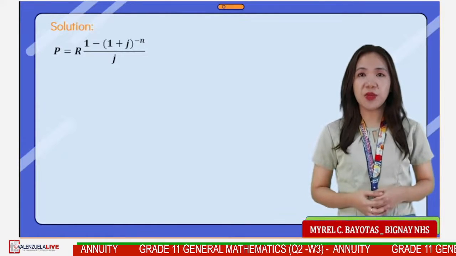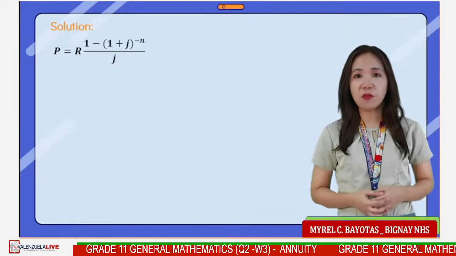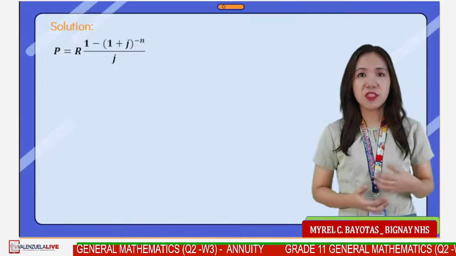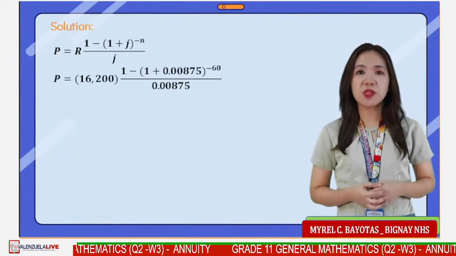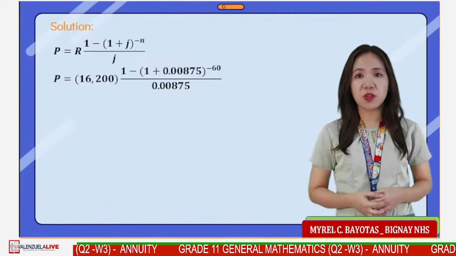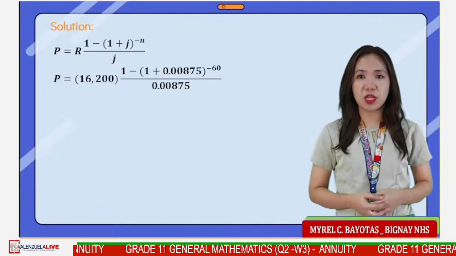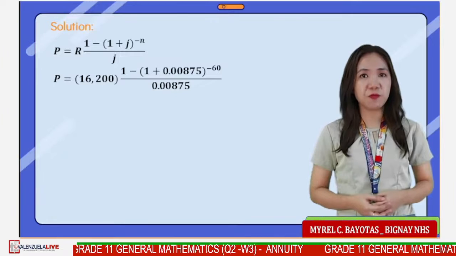This time, we'll compute first for the present value. Using the formula P equals R times 1 minus the quantity of 1 plus j raised to negative n all over j. Let's substitute. We have P equals 16,200 times 1 minus the quantity of 1 plus 0.00875 raised to negative 60 all over 0.00875.